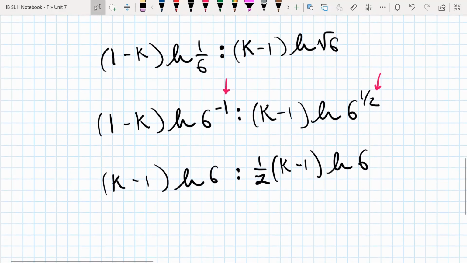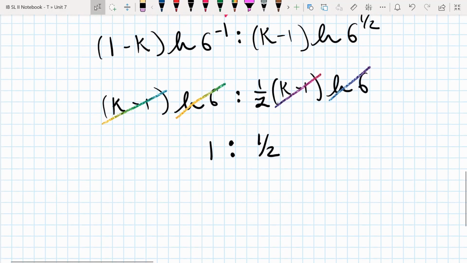And the reason why we're doing this now is because notice that the k minus 1s will cancel. So will the natural log of 6 values. And so the ratio of a to b is 1 to 1/2 or 2 to 1. Okay, and so that's the answer for the last one.